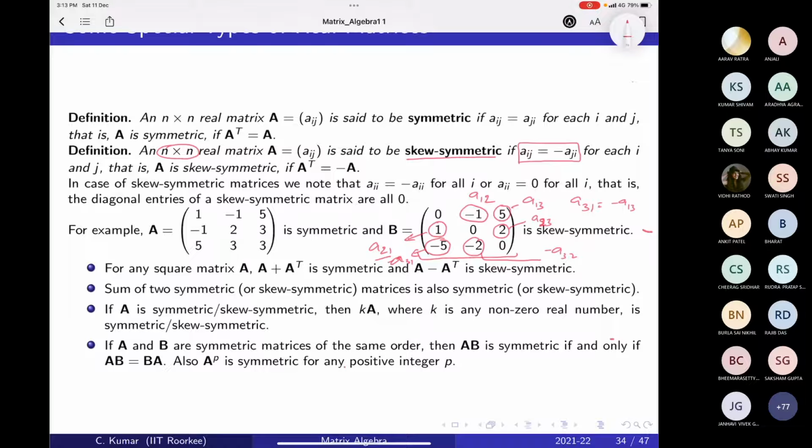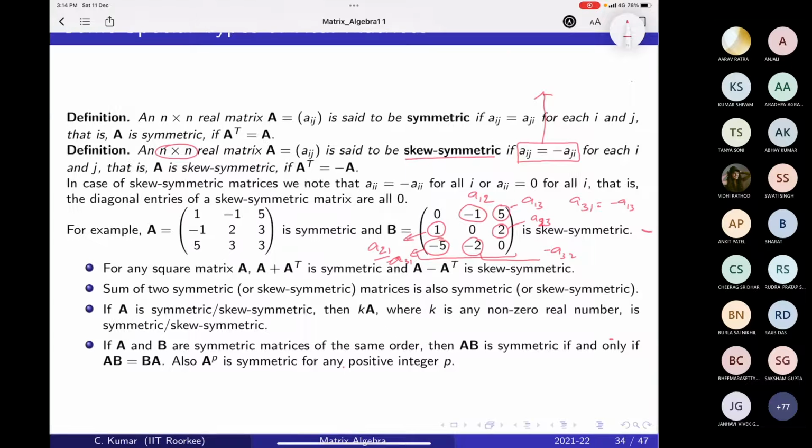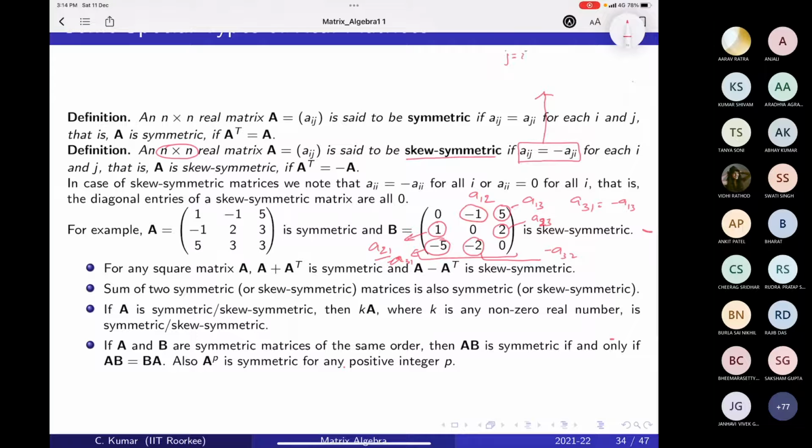The reason is that if this relationship holds, Aij is equal to minus of Aji, and if you put j equal to i in this relationship, then you have Aii is equal to minus of Aii, and this happens only when Aii is equal to 0.